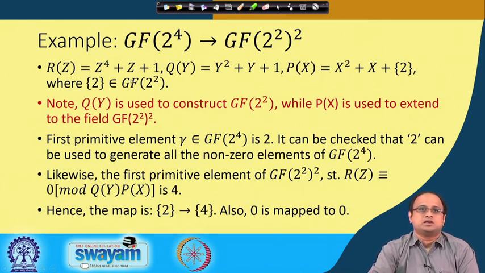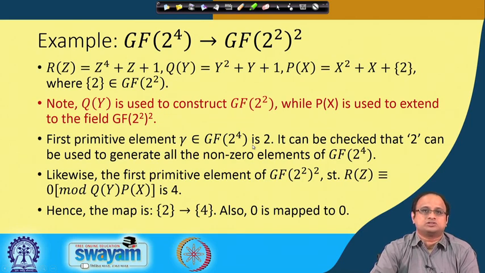So the elements can be elements from GF2 square, whereas these elements are irreducible polynomials respectively for GF2 power of 4 and this for GF2 power of 2. So the elements are in 0 and 1 in GF2. So note that Qy is used to construct GF2 square, while Px is used to extend to the field GF2 squared.